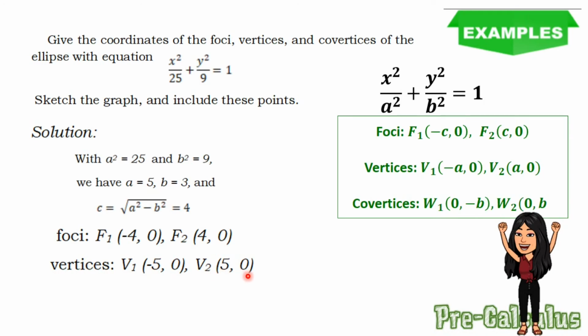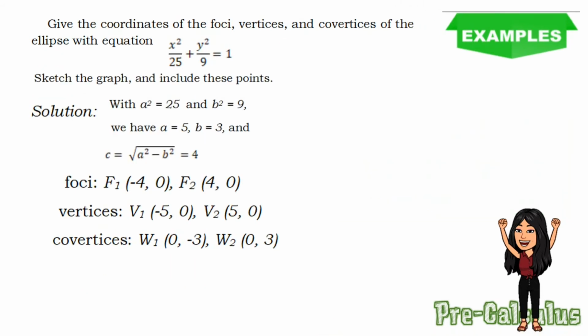And for the covertex, since it is perpendicular, if you notice, ang ating foci at vertices ay nasa x-axis kasi nga siya ay horizontal. Since covertices are perpendicular, nasa y-axis siya. So, therefore, our covertices are at 0, negative 3, kasi ang ating B ay 3, and 0, positive 3.